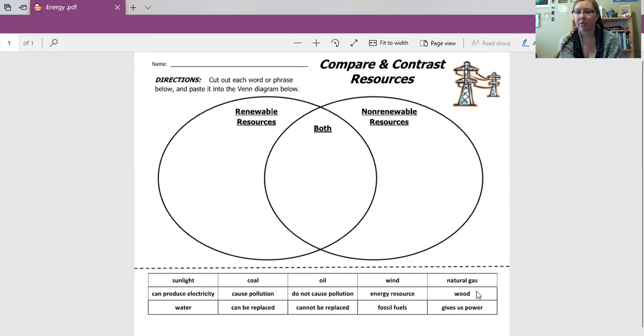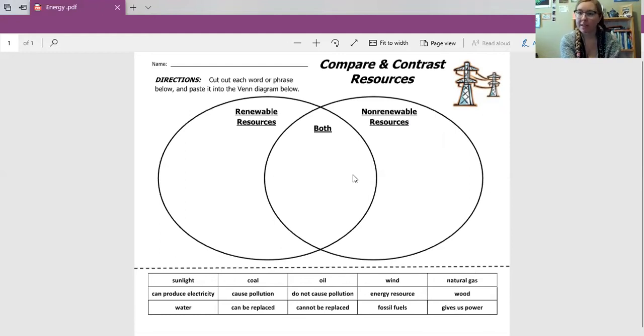Non-renewable resources, do they give us power? Well, yes, they do. If we go back into our Fusion book where we were reading about non-renewable resources such as fossil fuels, such as coal, such as oil, they can give us power. We use those for power. So this one right here gives us power. That would go under both.